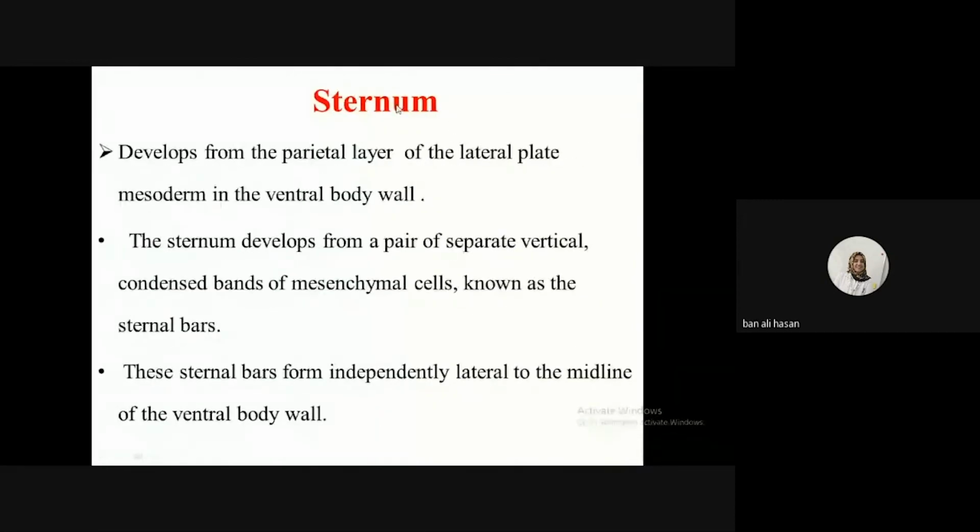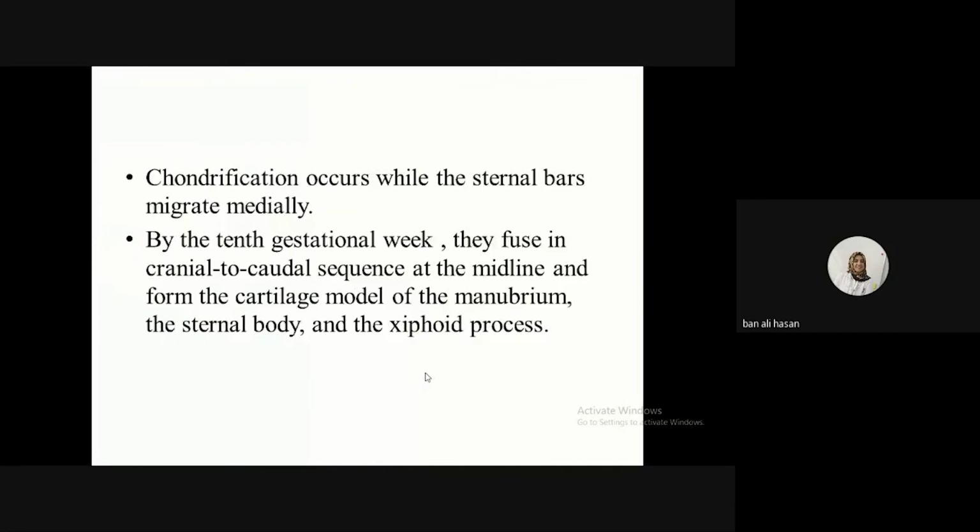So the mesoderm itself: paraxial mesoderm, intermediate mesoderm, and we have lateral plate mesoderm. Paraxial mesoderm has the ability to differentiate also into other tissues and cells. We call them somite and somitomere, and the somite itself will differentiate later on.